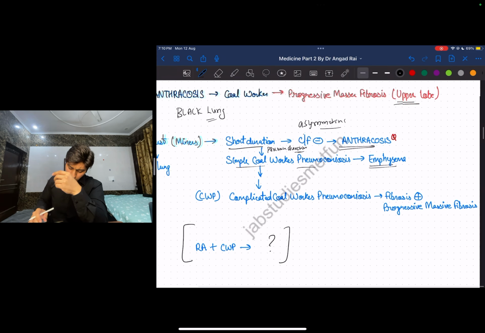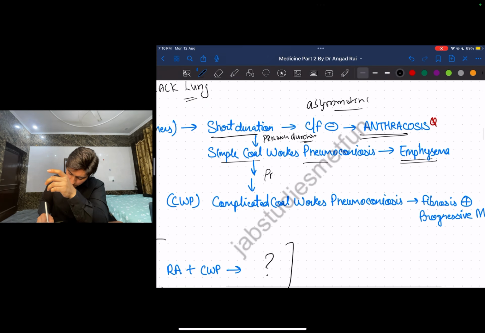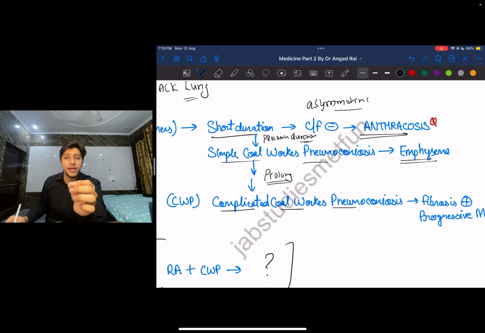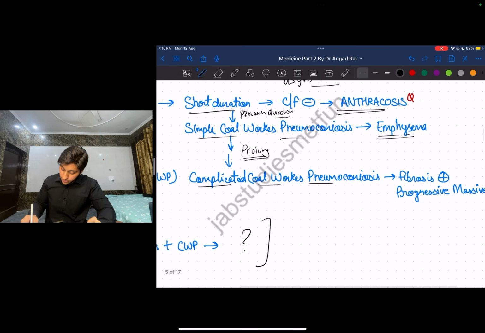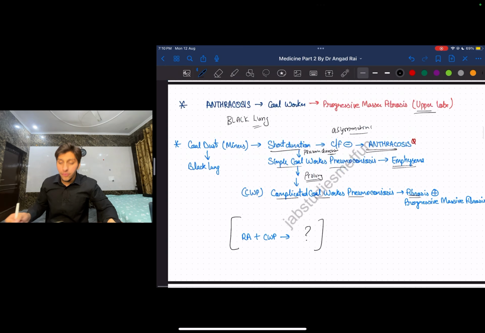Correct? Again, even after this, if you don't treat it and this goes on prolonged, then you will have complicated coal worker pneumoconiosis. First it was anthracosis, then simple coal worker, now complicated coal worker pneumoconiosis. In this condition, what you find, guys, is fibrosis, and this is progressive massive fibrosis.